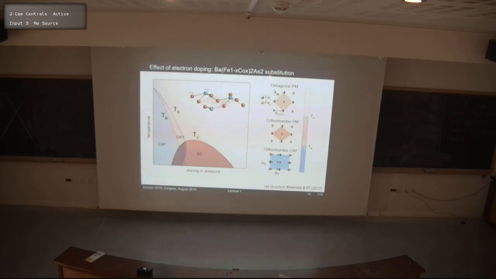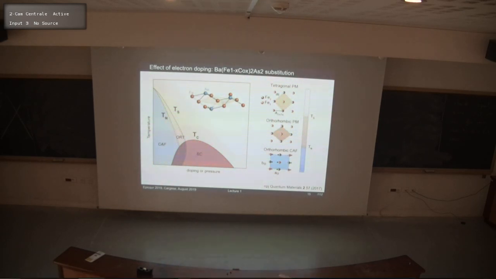So let's describe a bit this picture. So we have the in-plane iron plane. Arsenic atoms are sitting above and below this plane. Because of the glide symmetry, we have 2 inequivalent iron sites, and this is the unit cell with 2 irons per unit cell.